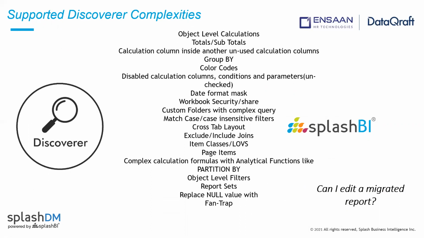It's just a few things that are very unique per customer and used heavily, like complex calculation formulas using partition by, and understanding whether there's a fan trap in those query formations. Customers have invested a lot of time in setting these up and making the workbooks function.